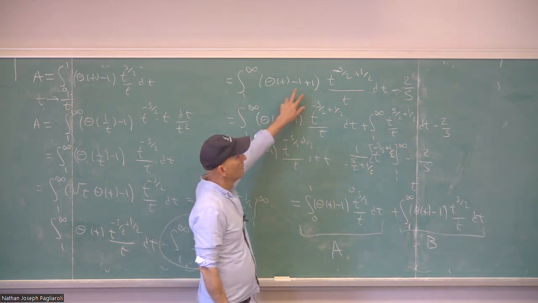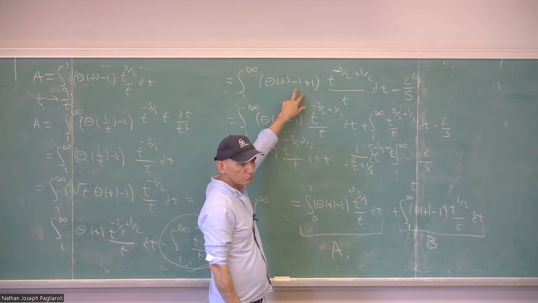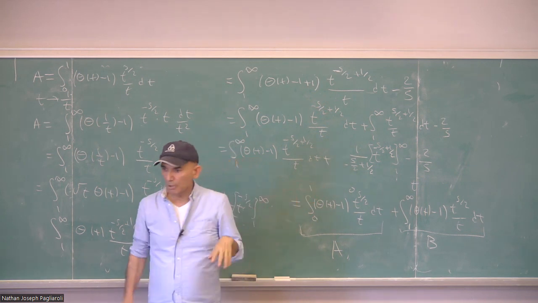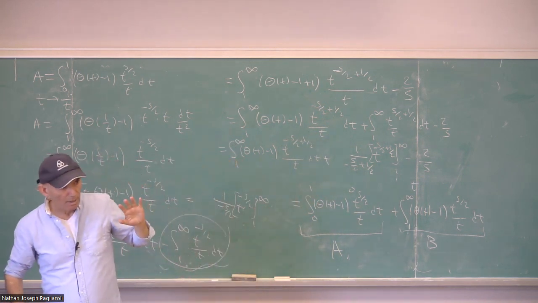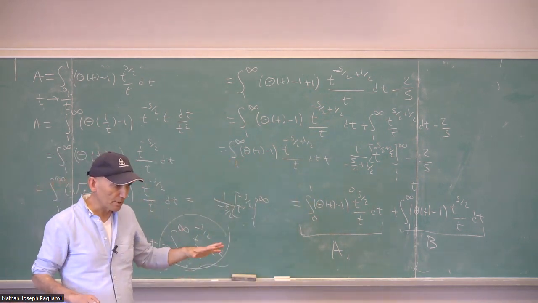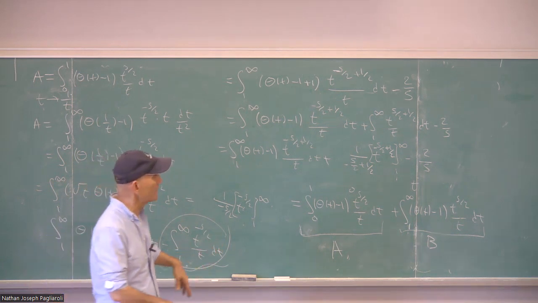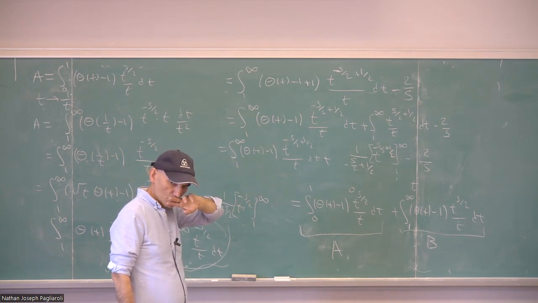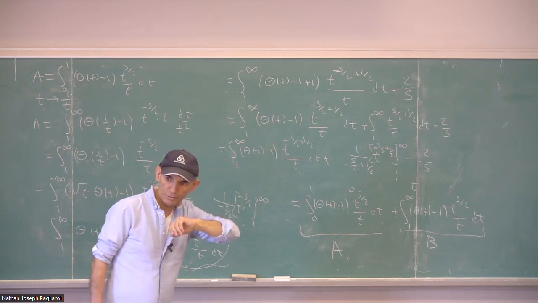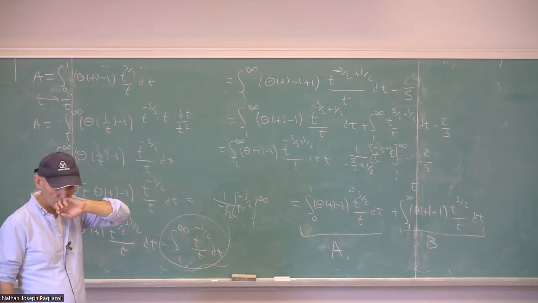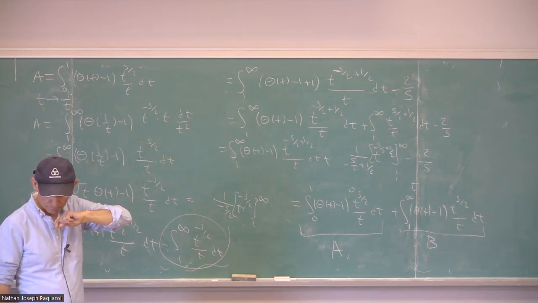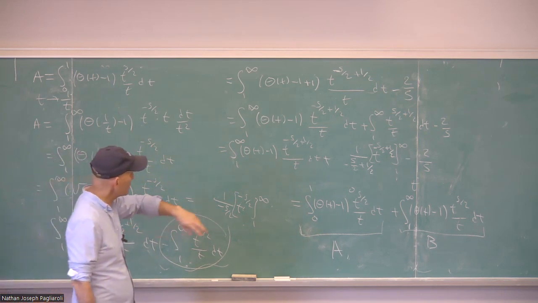Yeah, I just added and subtracted. The terms are the same. I add and subtract because I want to subtract the constant term from theta so that it behaves well at infinity. Otherwise, I'm cursed at infinity. Okay? Any questions or comments?